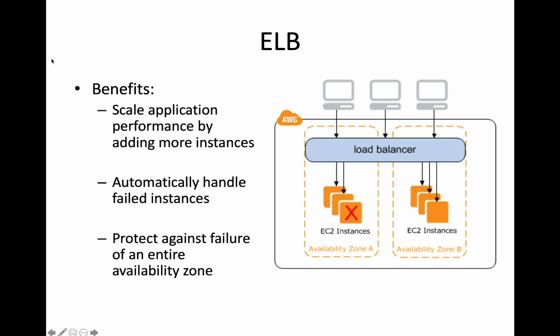The load balancer is that component which is able to detect the failure of the availability zone, detect the failure of the instances in that AZ, and then route requests to instances in a currently available AZ.